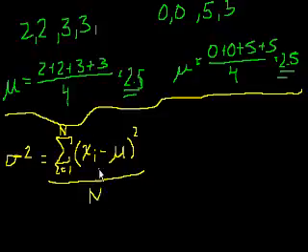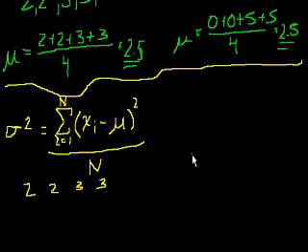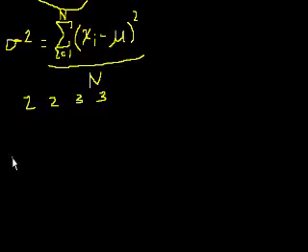Now that might seem like a very complicated notion, but let's calculate it for these two data sets. So here, let me rewrite that first data set. It's 2, 2, 3, and 3. So let me write it this way. I think this will help explain it a little bit better.